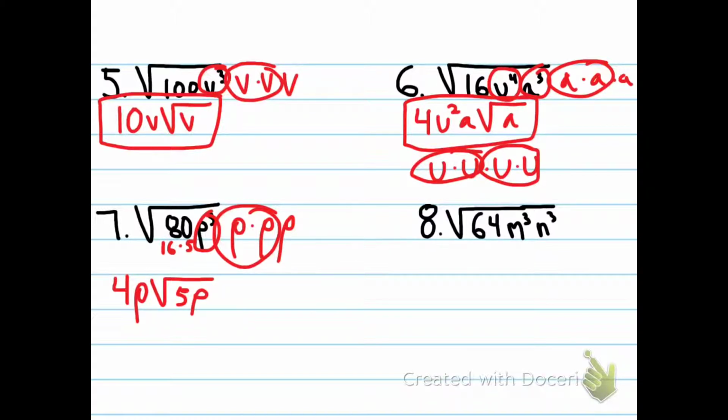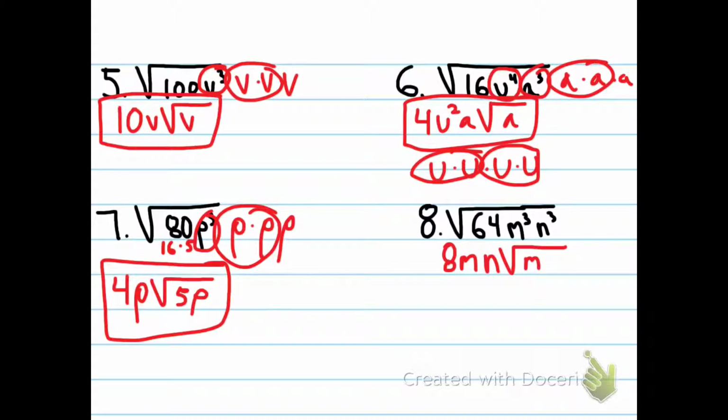So your answer is 4p root 5p. So for number 8, the square root of 64 is 8. And then there are 3 m's, so one is going to be on the outside. And then 3 n's, so one n is going to be on the outside too. And then on the inside is mn. So your answer is 8mn root mn.